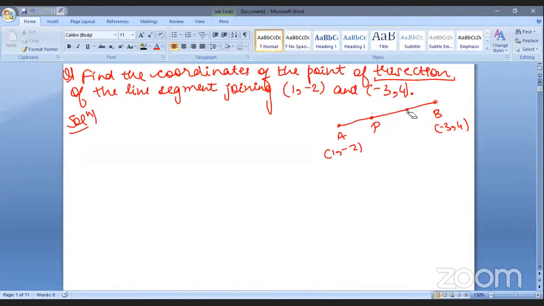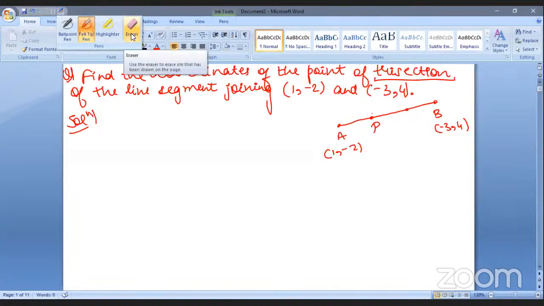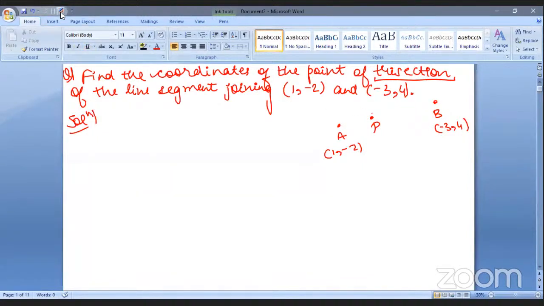Just erase one for a second, because it will confuse us. And moreover, just erase this also. Oh, the line is gone. Just consider this right now. Q is there, no problem. I am just assuming it in my mind. Don't erase it and write it again. Just assume it in your mind.